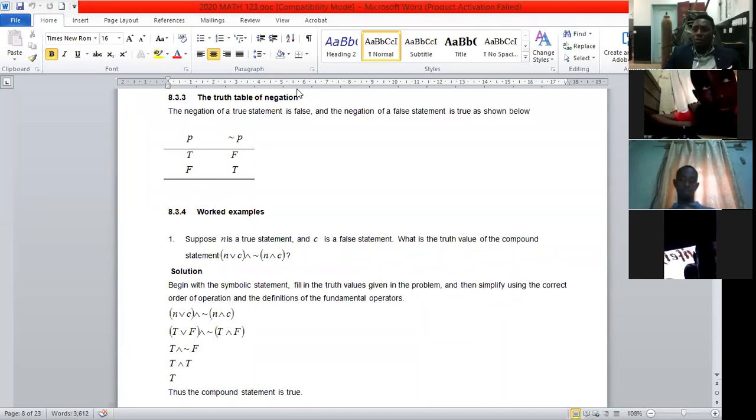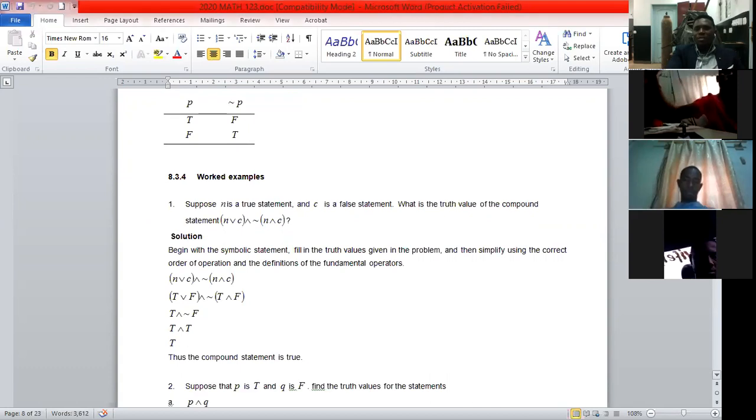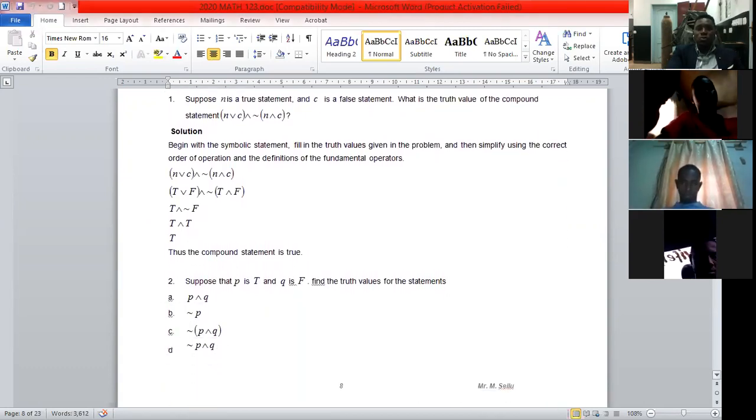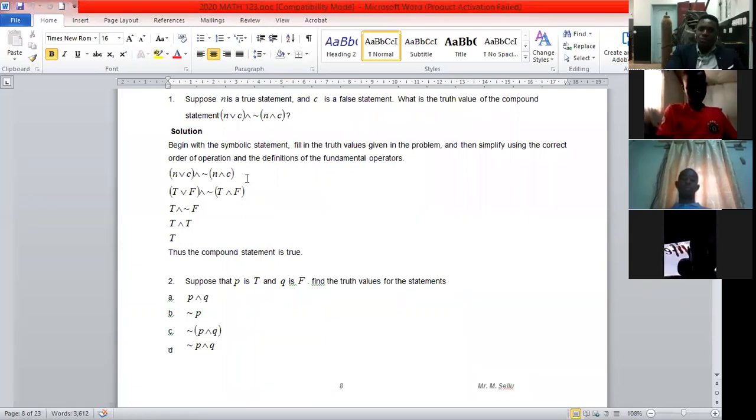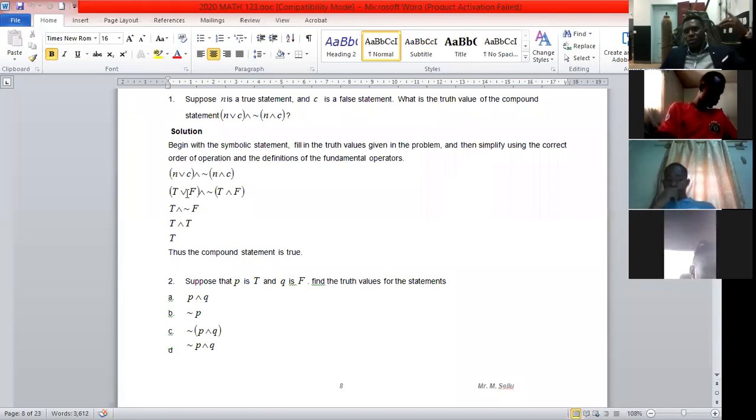And that is what we have done in this example: the truth value of that compound statement is true. So as you can see, that's N or C, and the negation of N and C, where N is true and C is false. That has been simplified using the connectives that I taught in the previous class.